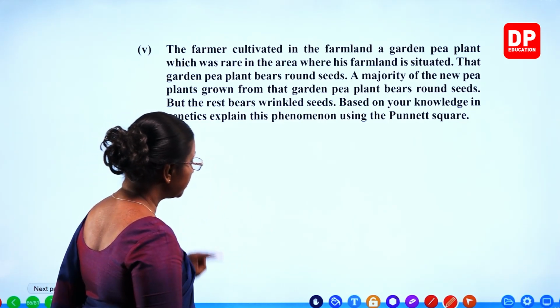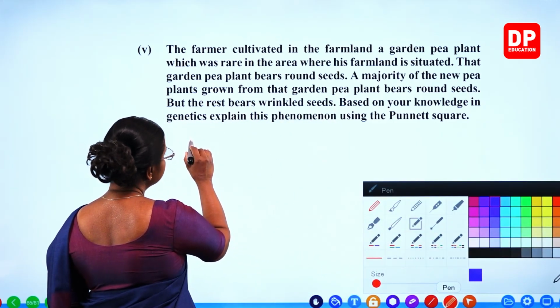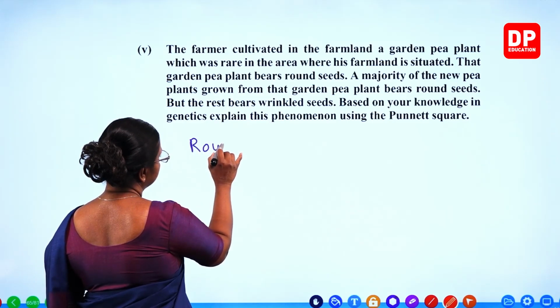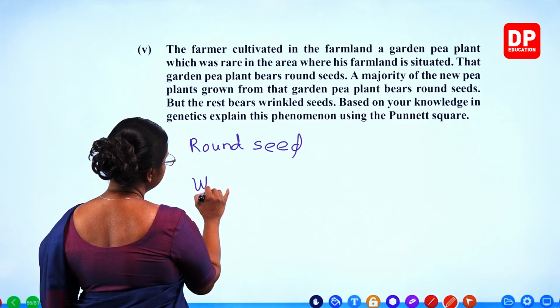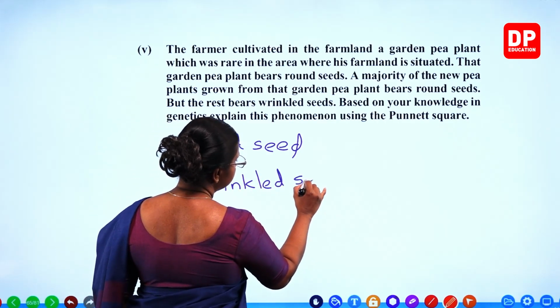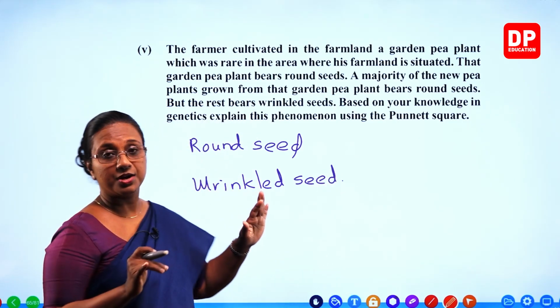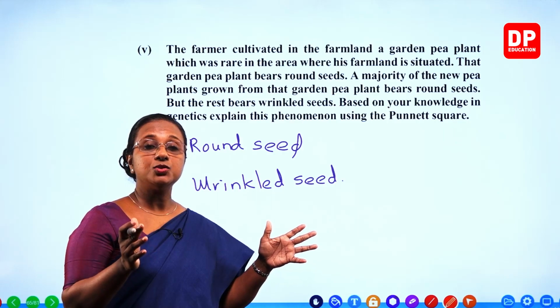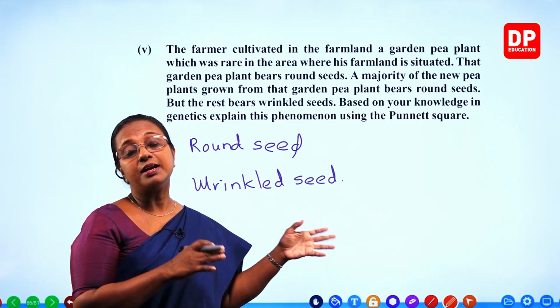So here there are two characteristics you can see. One is round seed. Then there is the wrinkled seed. So now they have mentioned it is a rare plant. So in that area, there is no way a new characteristic can come from another garden pea plant.